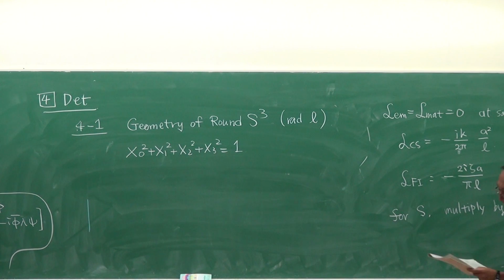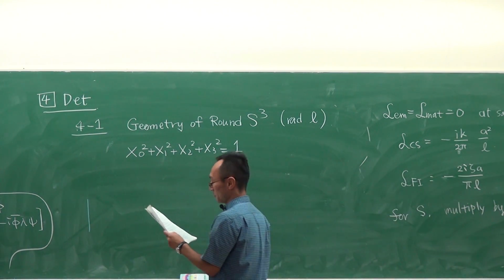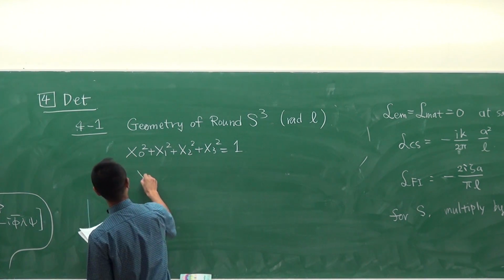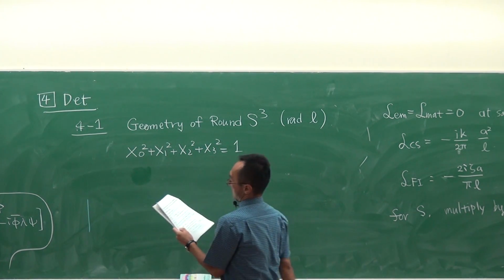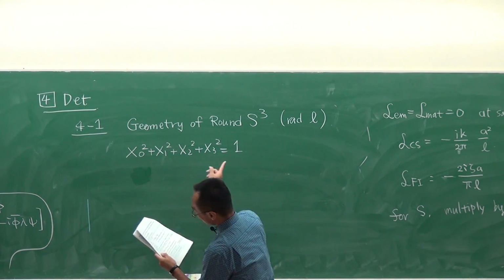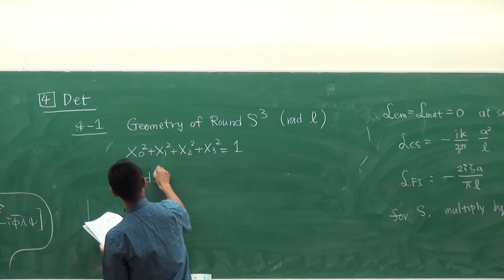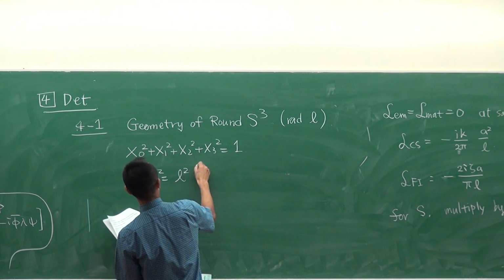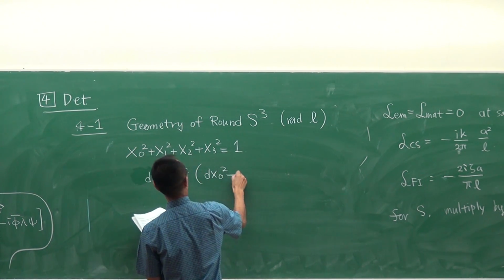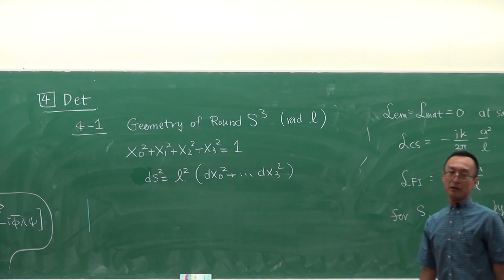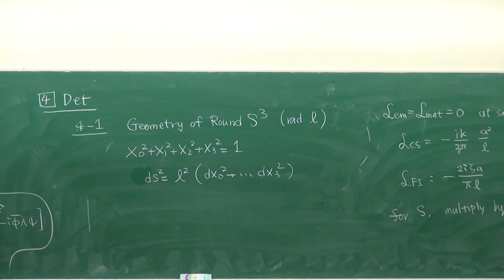This equation is embedded in flat 4-dimensional space. So this is actually giving you units here. And with this equation, I define the Riemann metric like this. Then what I will get is the round sphere of radius L.